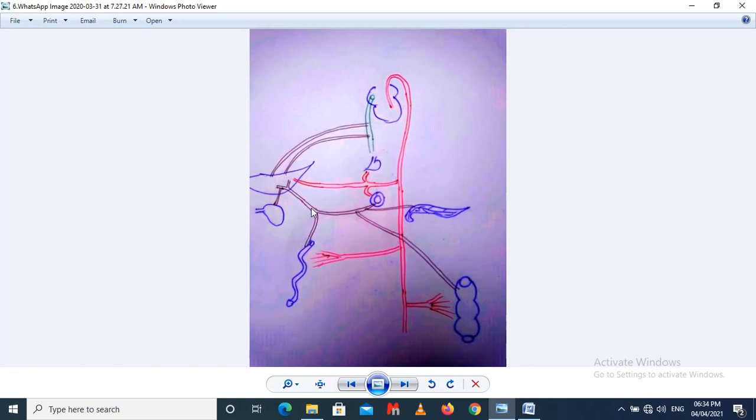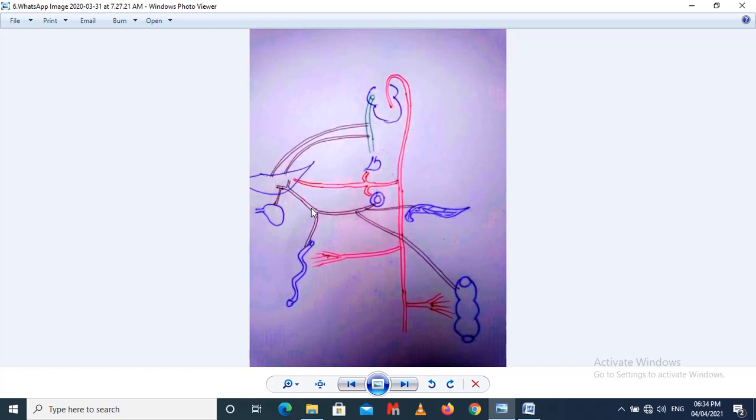Actually, all the organs inside the body get an artery and give a vein. This is natural for all the organs of the body. For what purpose? They get the artery for getting the oxygenated blood, and they give out the vein for pushing out the deoxygenated blood.